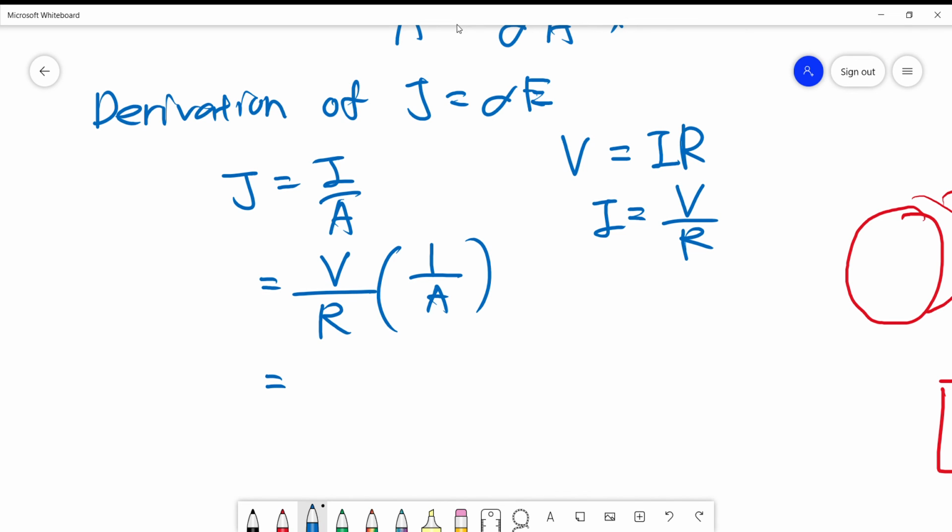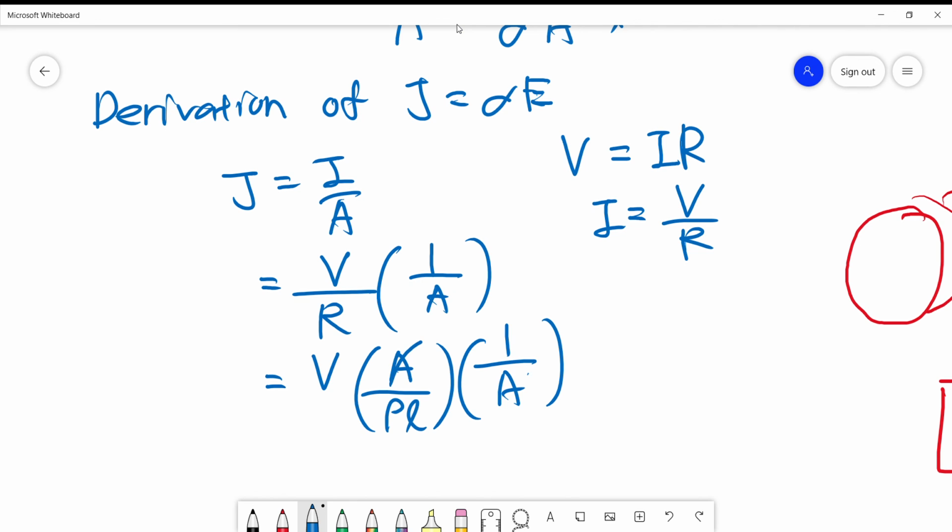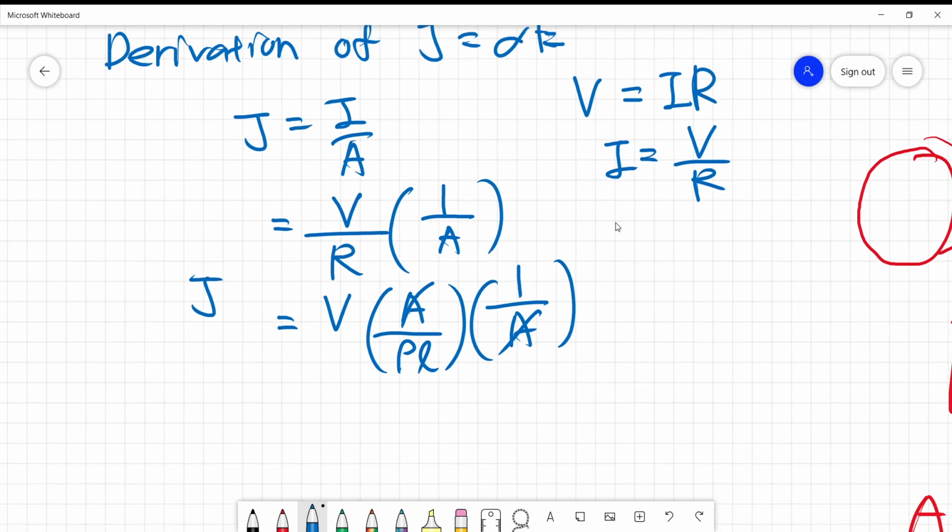I know that 1 over R is equal to A over rho L, and this A can be cancelled, and this remains as J, of course.